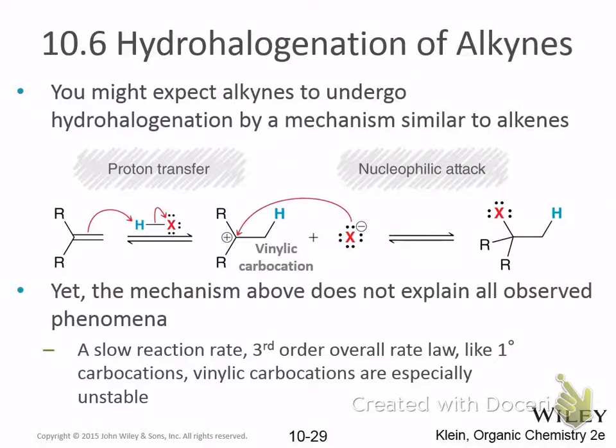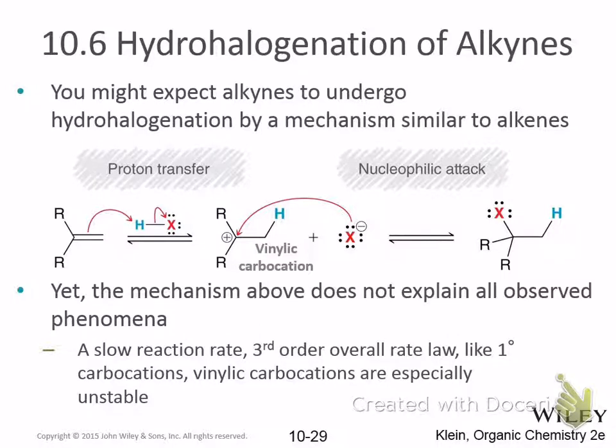So in the mechanism for hydrohalogenation of alkenes, you form a carbocation and then the nucleophile attacks, and you form the product, and as they say here, it's an equilibrium.